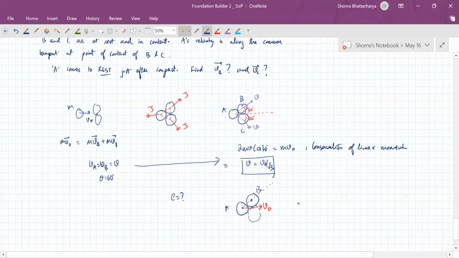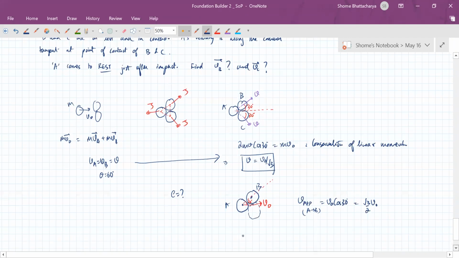Now you can see here that the approach velocity, for example, of A towards B is going to be, this angle is again 30. It's half of the total angle. So it's going to be equal to V naught cos 30, so that is root 3 by 2. Okay.